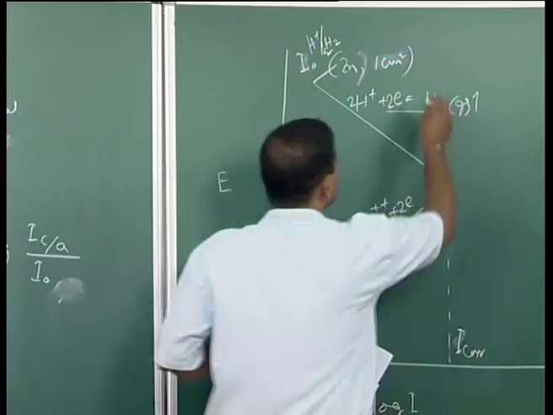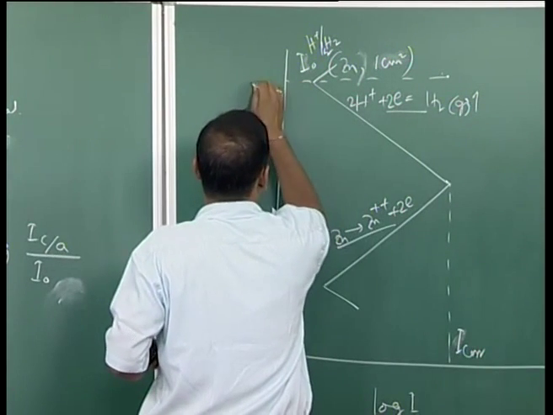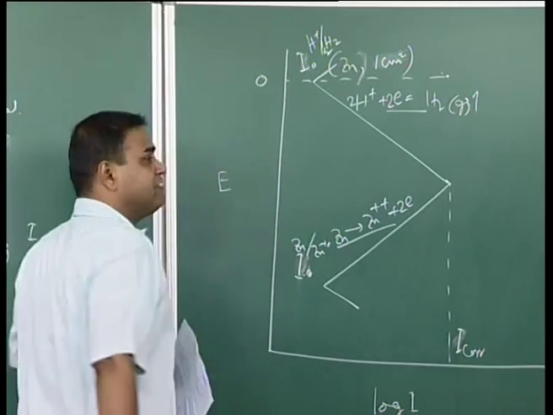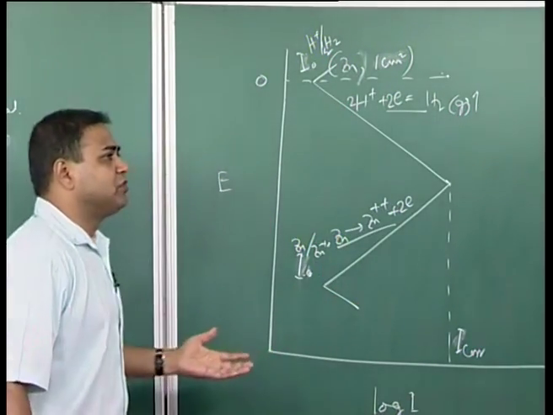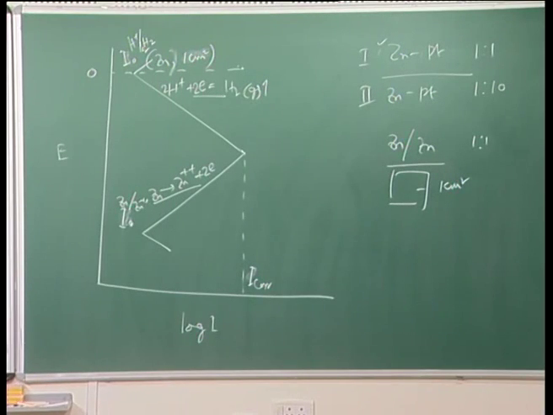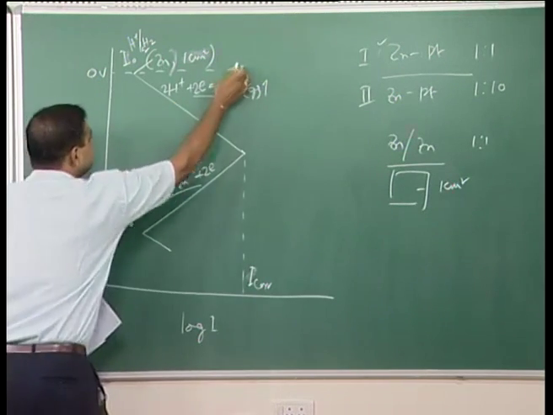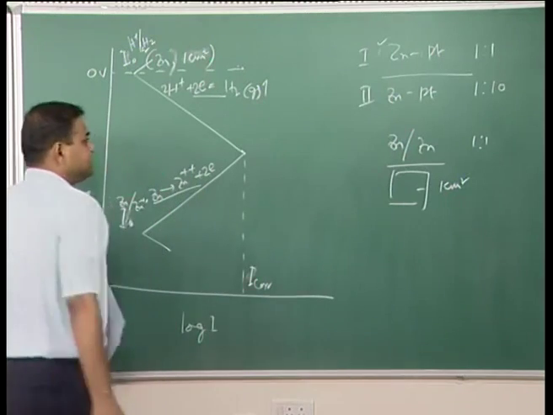So my I0 value will shift to this point, but my potential value would remain the same, because for this reaction the standard reduction potential for hydrogen evolution will always remain 0 volt. Only thing is it will shift to this point because of the current density change.